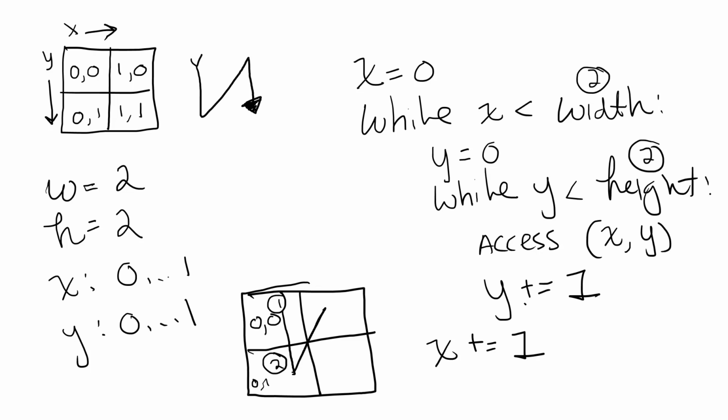Then we go back up to 1, 0, which will be item 3. And finally down to 1, 1, which is going to be 4. So in this instance, what we're doing is we're traversing the columns instead of the rows. So we do the first column and then the second column and so on and so forth.